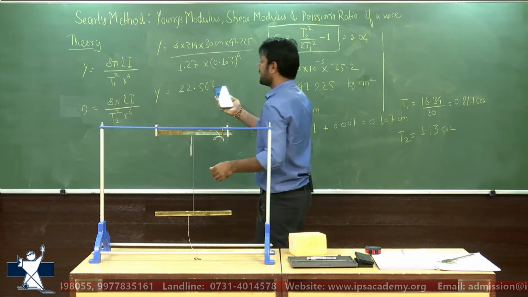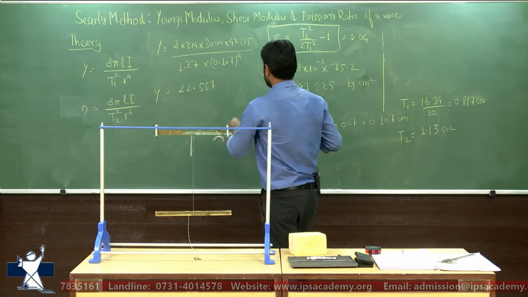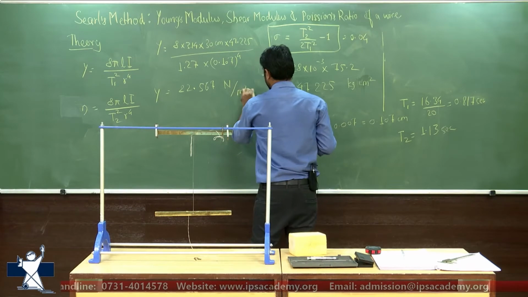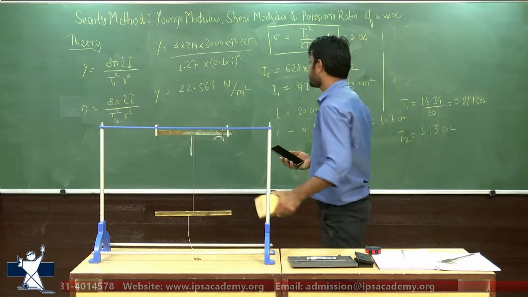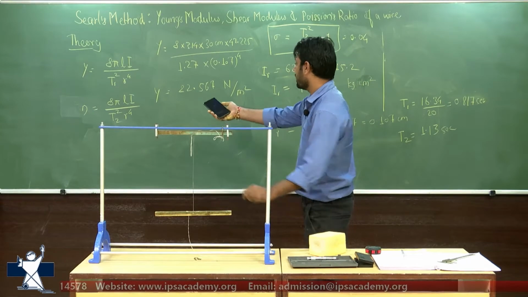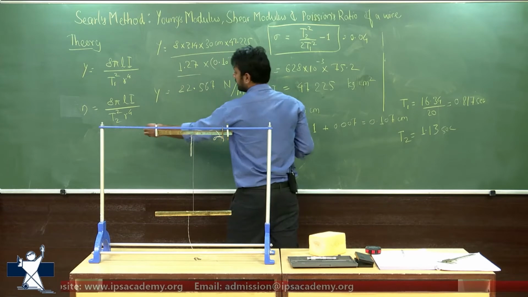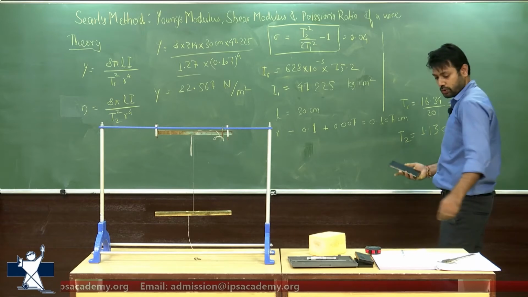So Young's modulus is stress upon strain, force per unit area divided by length. So this will be equal to Newton per meter square. Okay, and the shear modulus will be, again we need to replace this time 1.27 with the time of 1.13 second square.